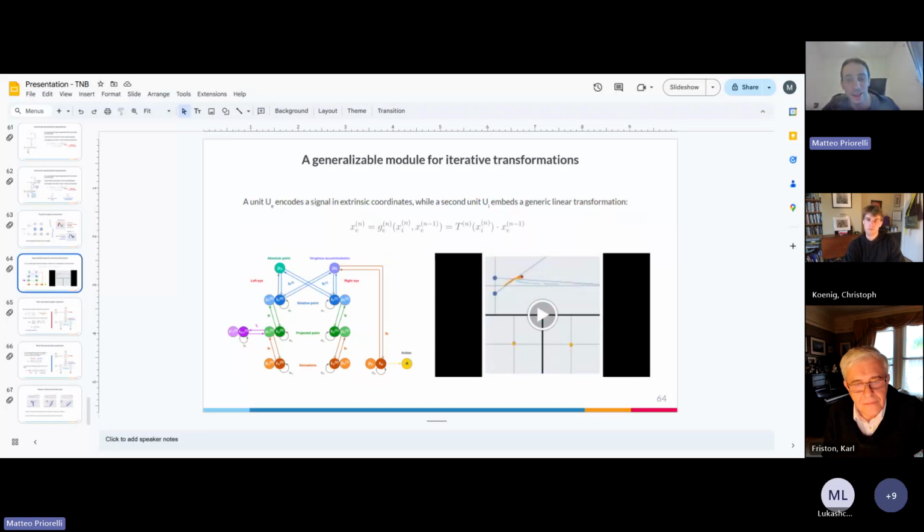But in your case, it's not quite that simple, because you're actually, maybe, sorry if I interrupt you. No, maybe because we also did an extension on this hierarchical kinematic model. I don't know if you see this slide. We considered iterative transformations between frames of reference. In this case, we actually simulated oculomotor behavior, but in 3D space. So we had a belief over the point in 3D coordinates, and a belief over the divergence accommodation angle of the eyes.